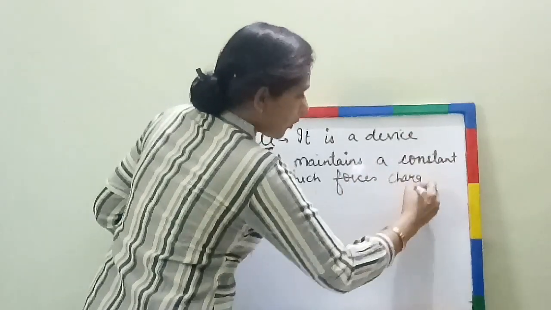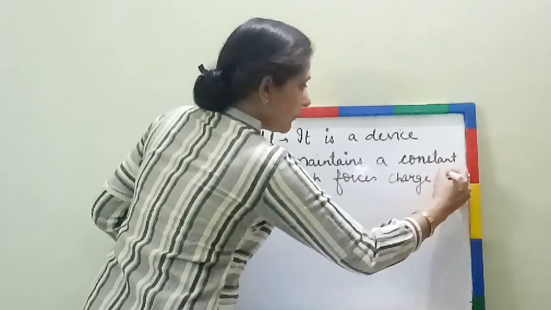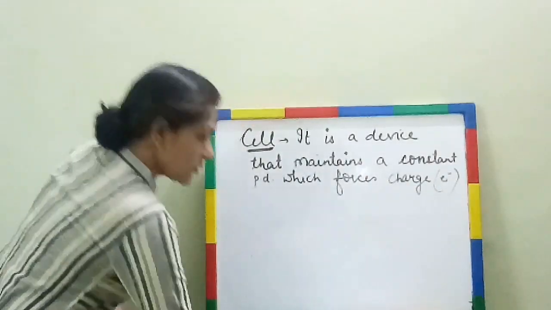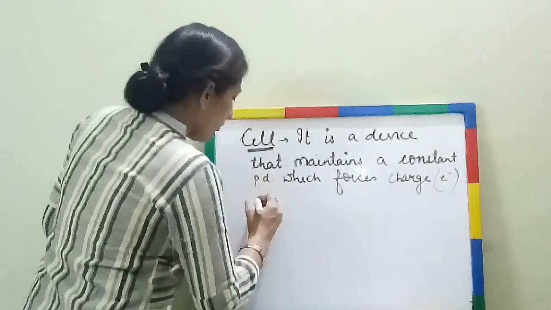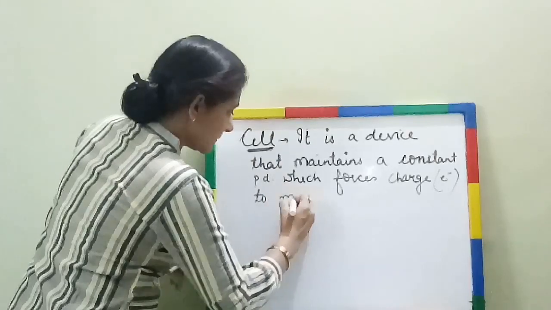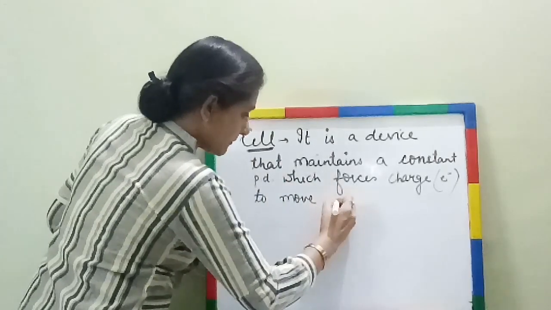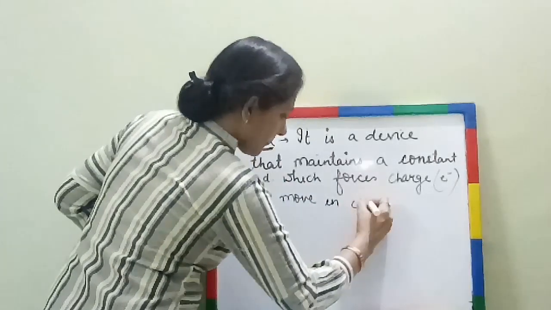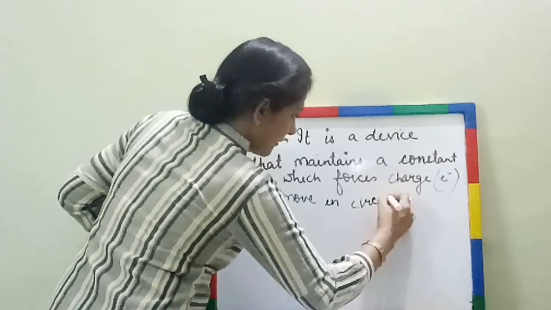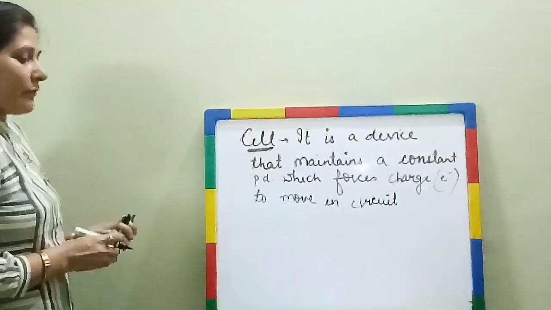Which charge are we talking about here? Generally we are talking about electrons. Which forces electrons to move in the circuit, right. Now what will happen after this?